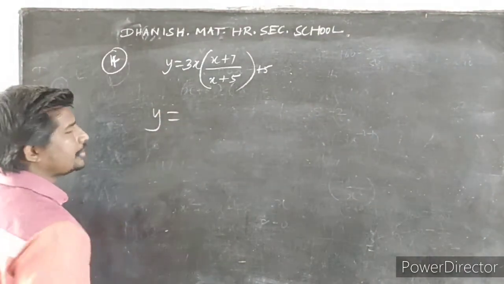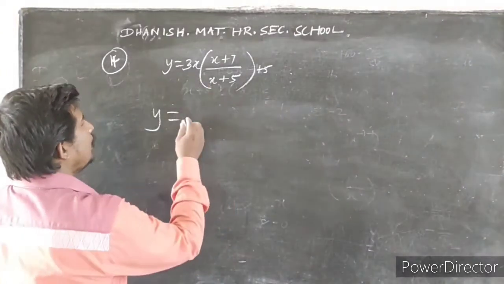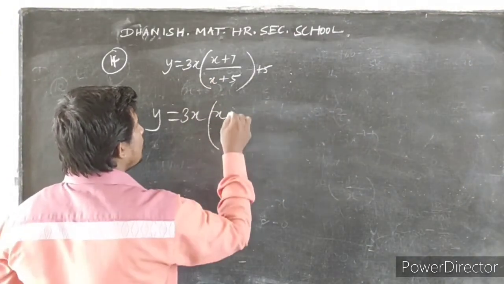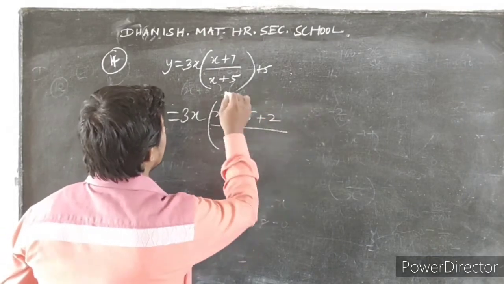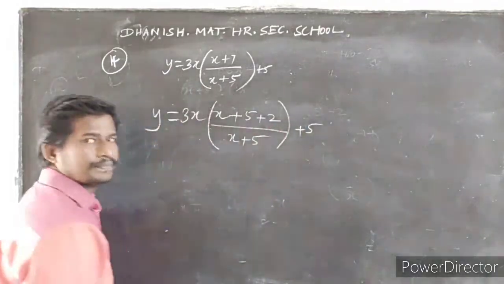Before differentiating this y, I am going to make a small change. y equal to 3x into x. I am going to rewrite the 7 as 5 plus 2 divided by x plus 5, plus 5.